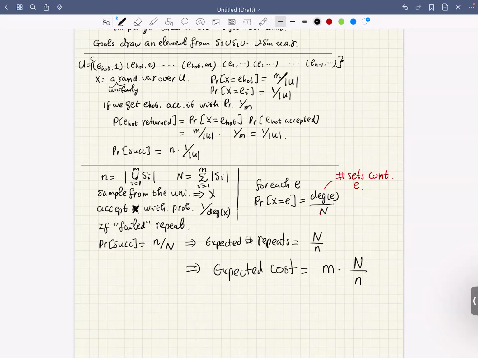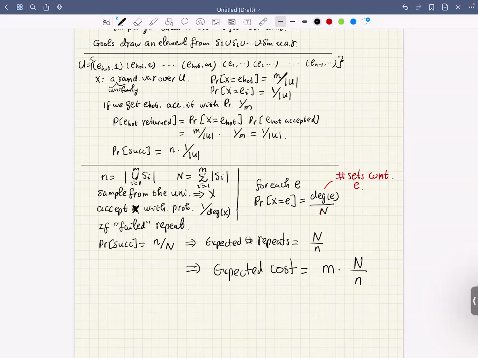The issue is now I give you an element, say X. Well, X is a random variable. So when we are at this step, this random variable has been instantiated into a particular element.